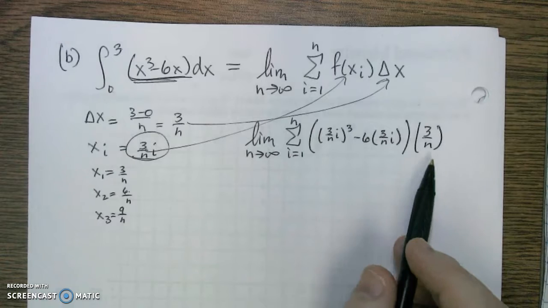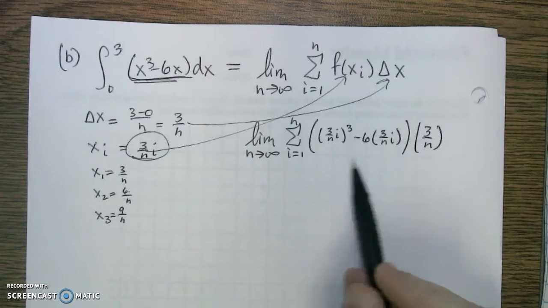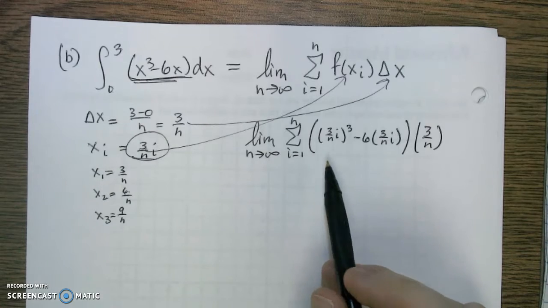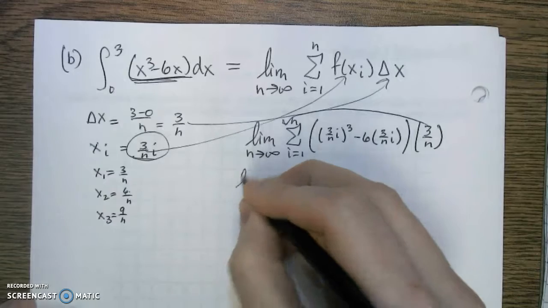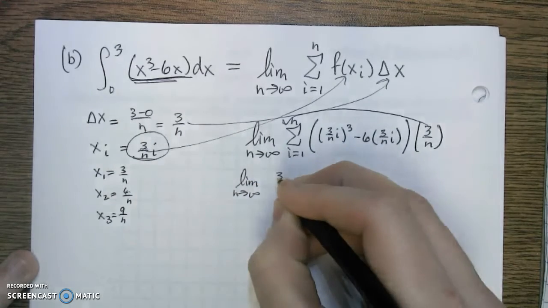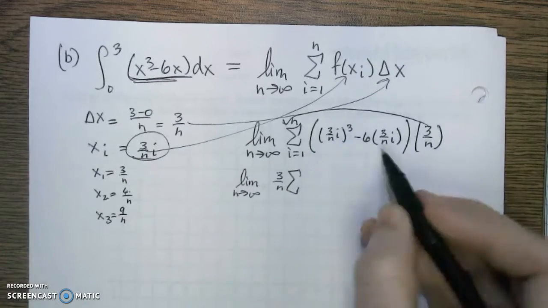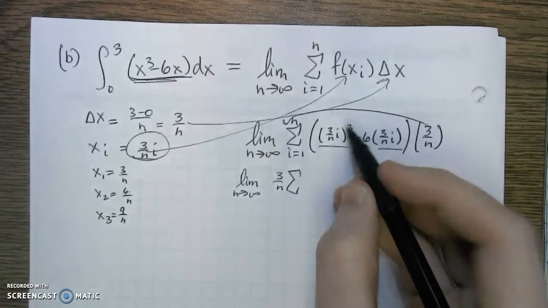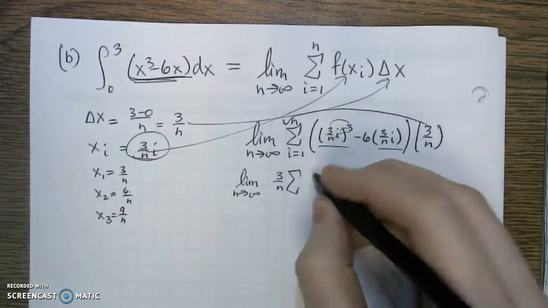And so now your goal is to get all the constants and the letters in front and then isolate all the i's. So the first thing we're going to do is bring that 3 over n in front. And I'm going to go ahead and simplify these. So that's going to be 27i cubed over n cubed.